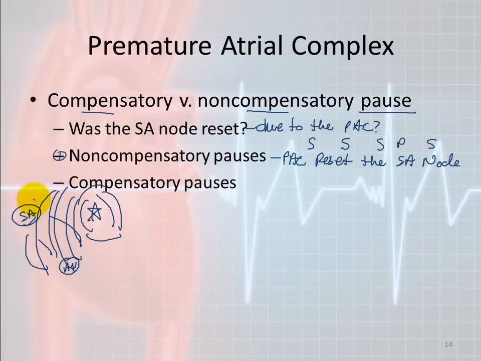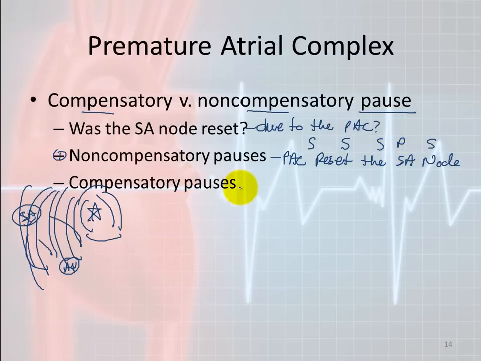And what happens is the SA node was depolarized secondary to this PAC, which means the interval for the SA node was reset. So the SA node is no longer firing on its initial interval because this PAC here reset the interval.